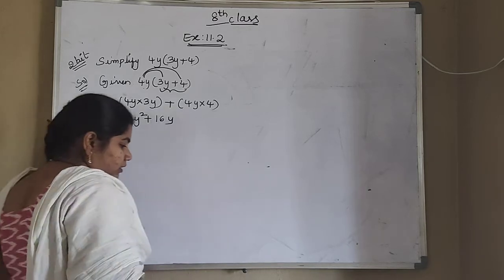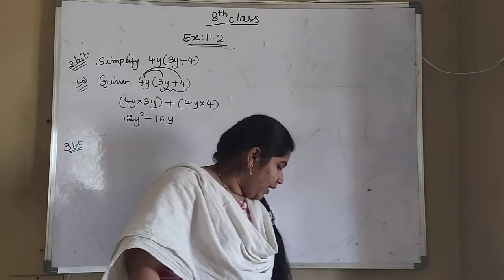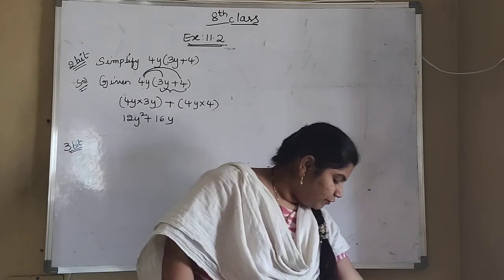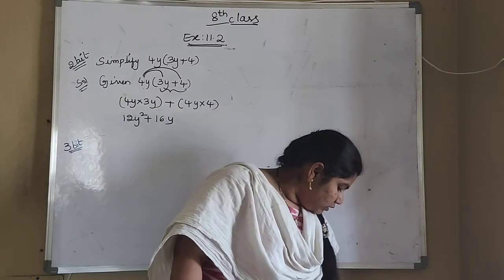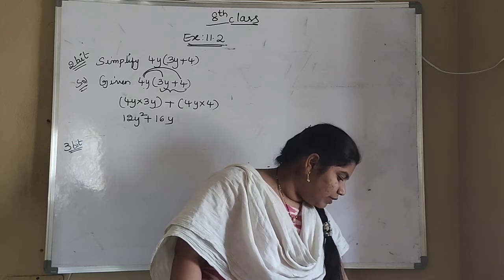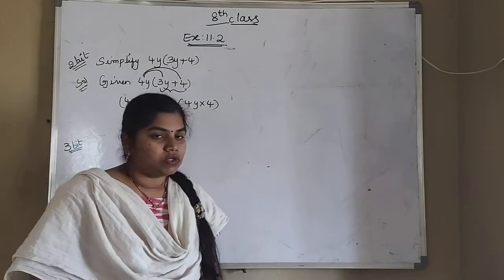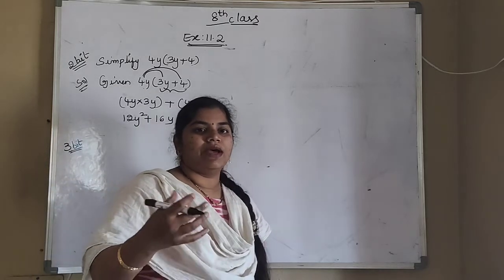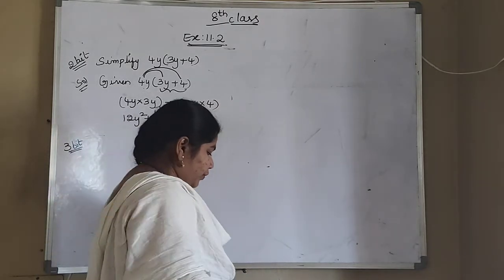Next, the third bit is simplify x into 2x square minus 7x plus 3 and find the values for x equals 1 and x equals 0. So we have to replace x with the values 0 and 1. What is the question here?